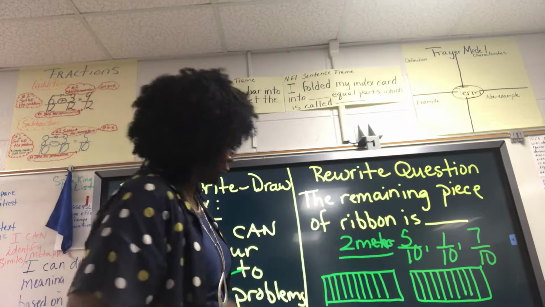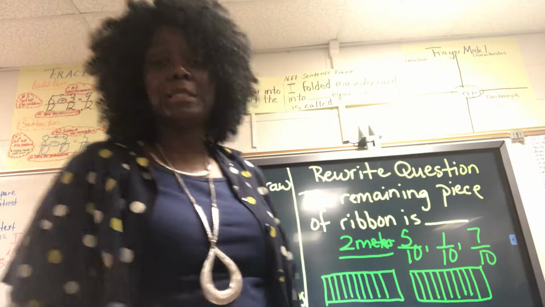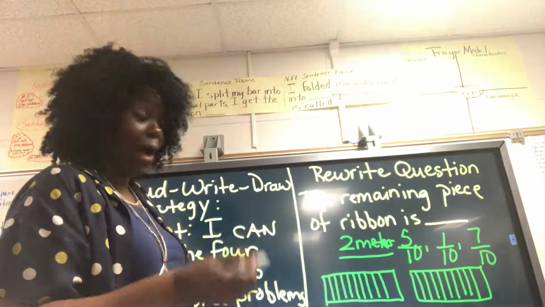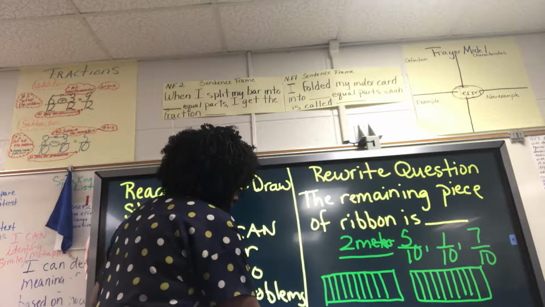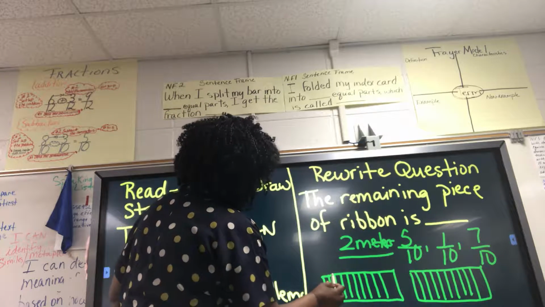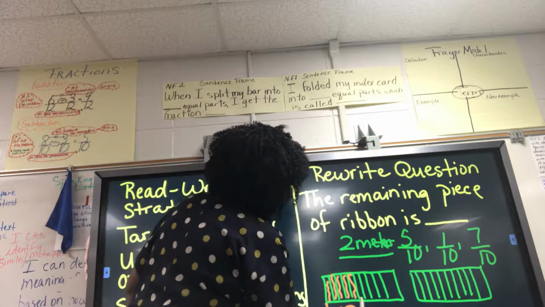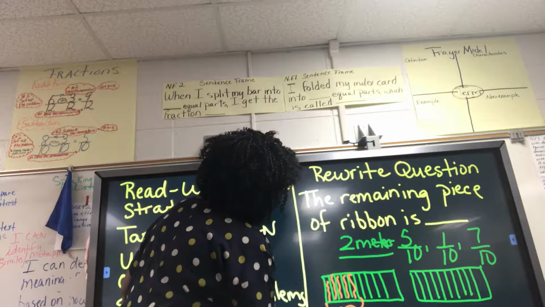And then what we're going to do now is label all of the pieces of ribbon that were cut. So first, we have 5/10. 1, 2, 3, 4, 5. I want us to label that. That's 5/10. All right.